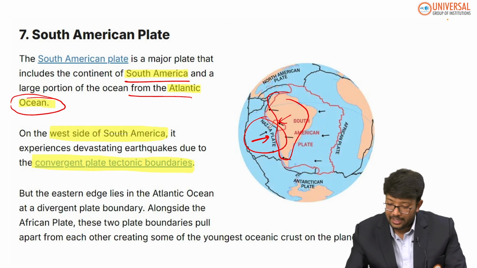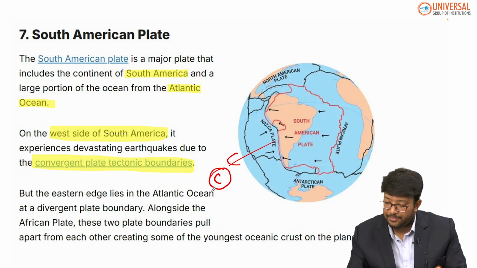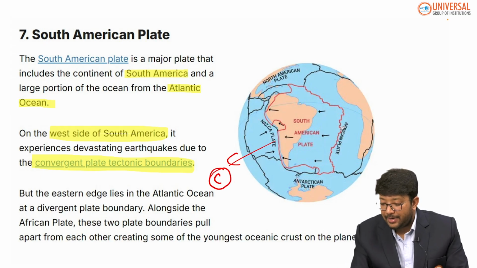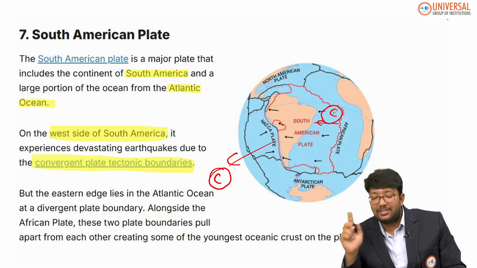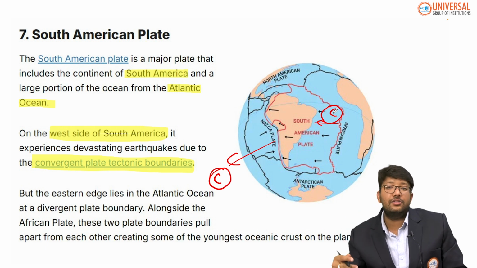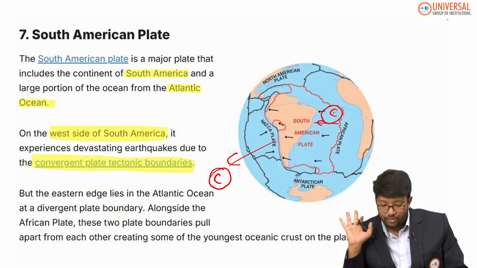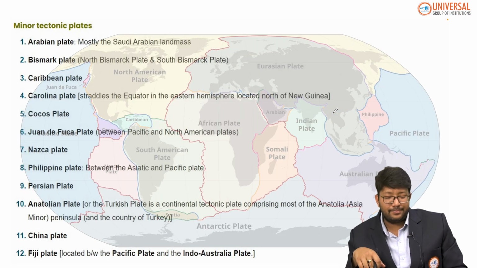So what boundary is this called? This will be called a convergent plate boundary. And the African plate is also colliding with the South American plate. Again, this is called a convergent plate boundary. Because of the Nazca plate colliding with the South American plate, a lot of earthquakes and volcanoes occur in the South American region also.